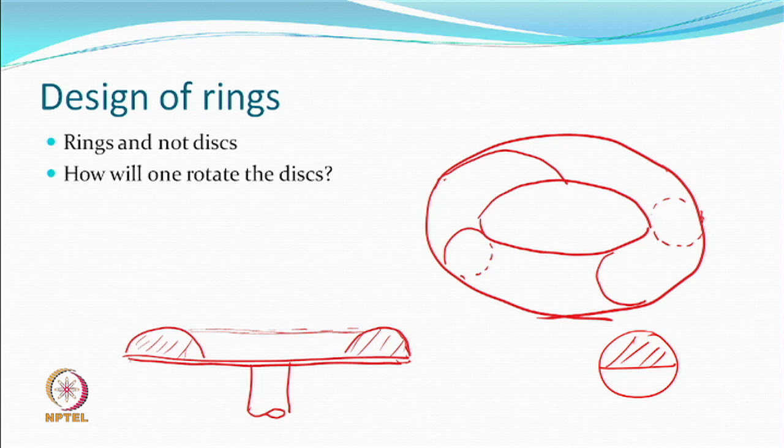So, you have a base plate on which this half torus is mounted and fixed, frozen, glued, and now you can rotate this base plate.